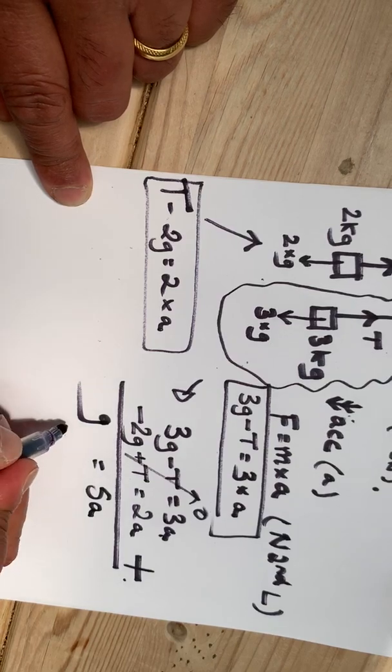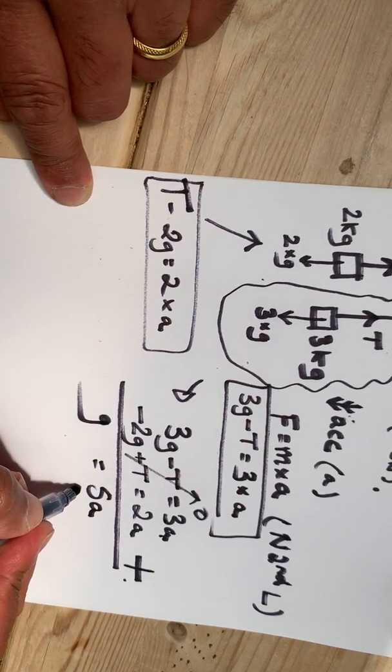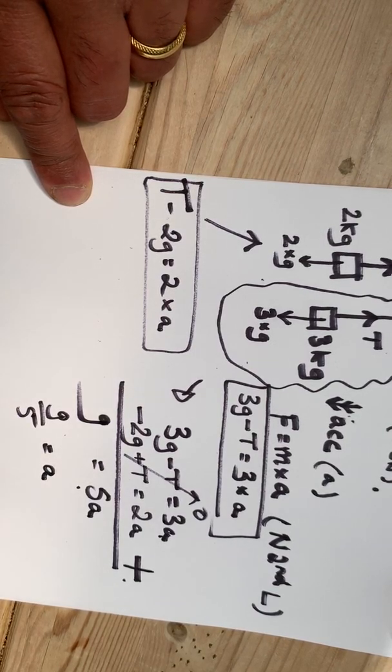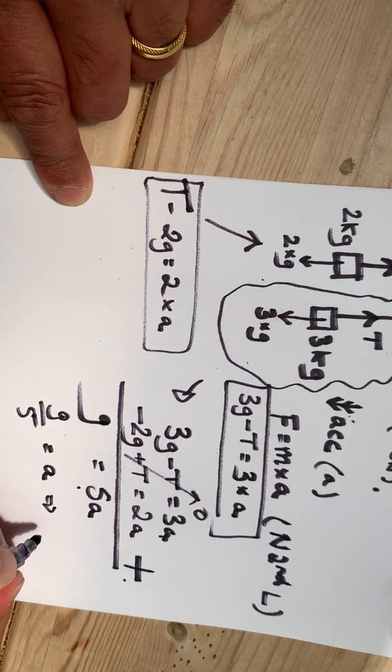3a add 2a will be equal to 5a. So if you now drop the 5 underneath the g, g divided by 5 is equal to acceleration.